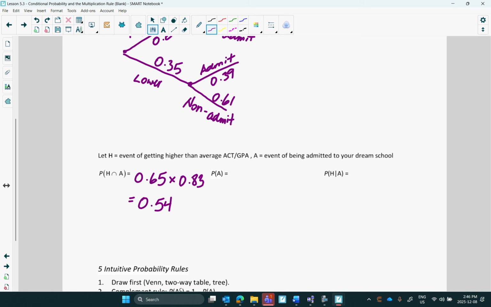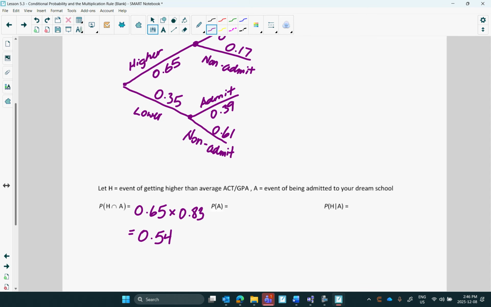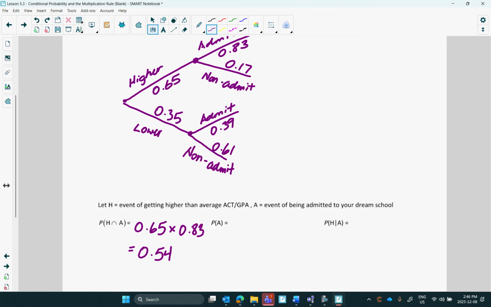Or sorry, yeah, that's this one. You've got to be a little careful with it. What's the probability of getting admitted? How many scenarios are there in this tree diagram where you get admitted? Two. So you have to calculate the probability of each one and then add them together.